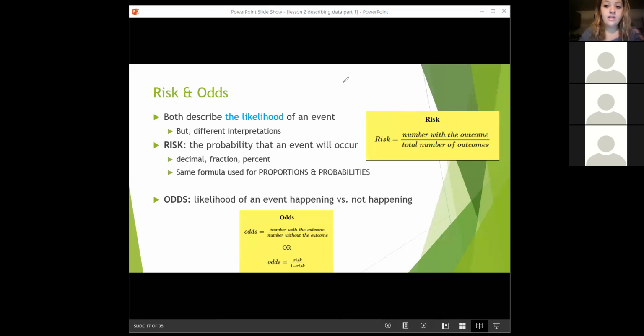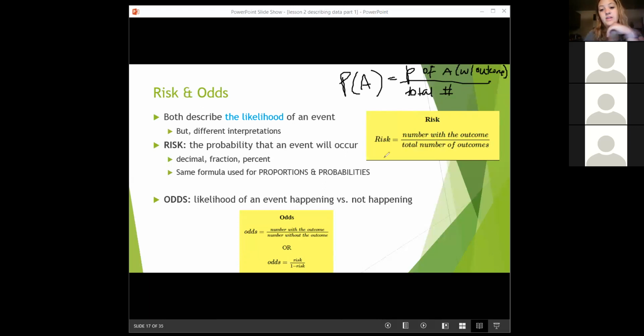So remember, our probability of A was the number with the outcome, divided by your total number of tries that you could have.